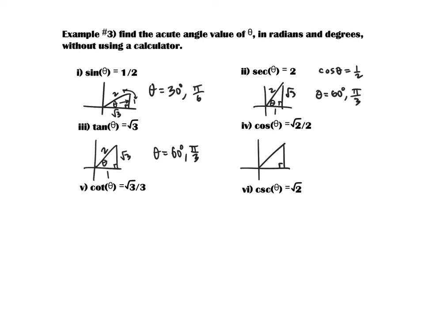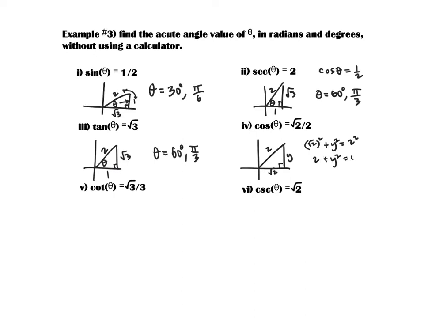Okay, cosine of theta equals root 2 over 2. Using the Pythagorean theorem, this is an interesting example. So square root of 2 squared, I'm going to call this y for a moment, plus y squared is equal to 2 squared, the hypotenuse. Squaring the square root of 2, I get 2.